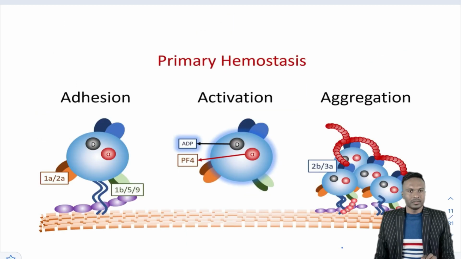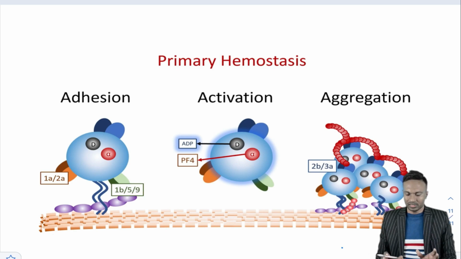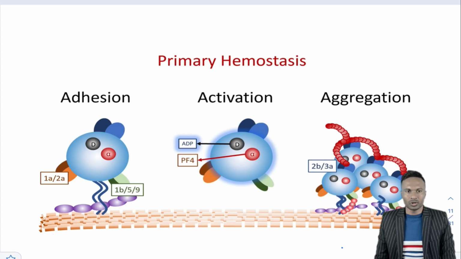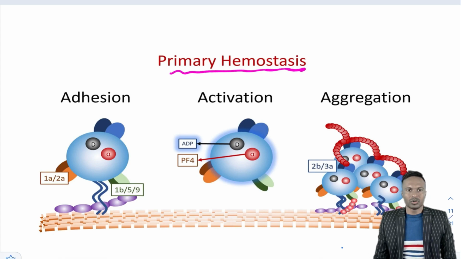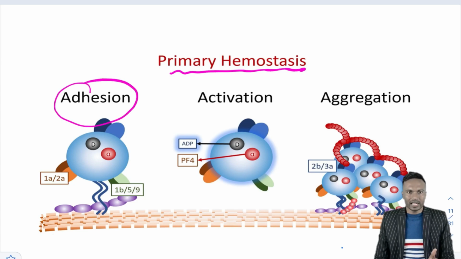Again, in terms of thrombosis, in terms of clot formation, first there is formation of platelet plug, the primary hemostatic plug, then secondary hemostatic plug formation leads to clot. Here in primary hemostasis, where platelets are involved, you have adhesion, where platelets adhere to endothelium with help of what?